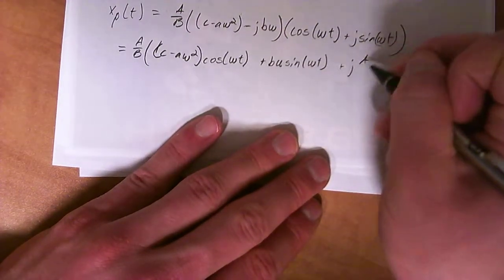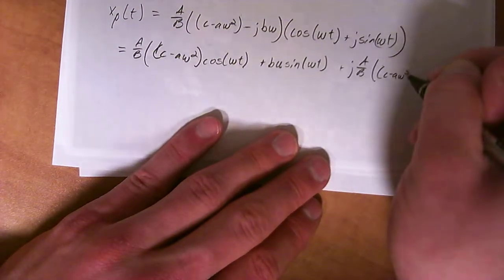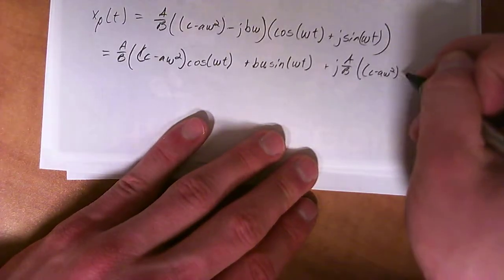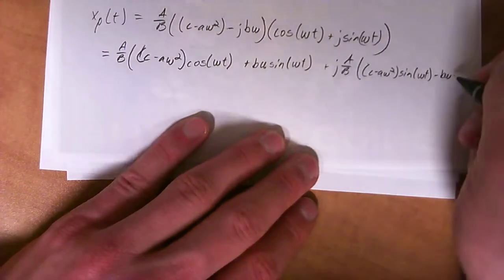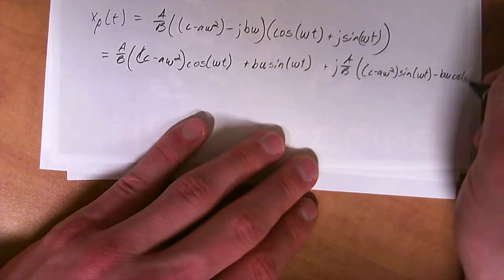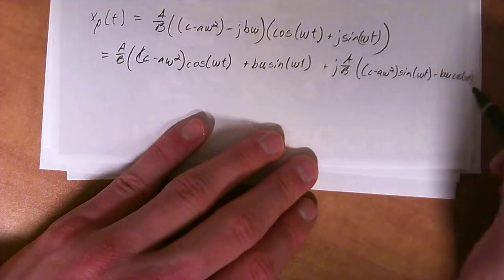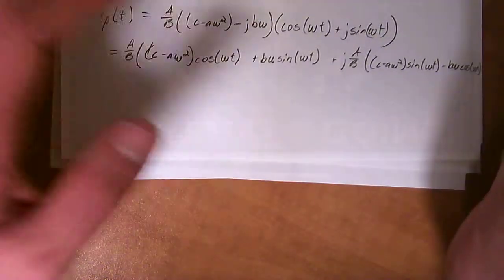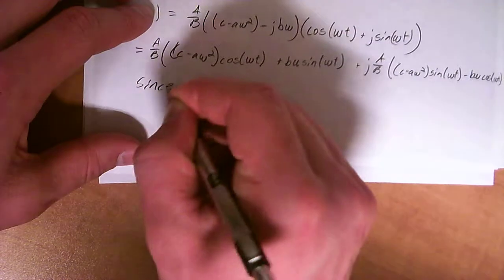What I'm doing is I'm basically separating the real from the imaginary, plus j of A over B times C minus A omega squared sine of omega t minus B omega cosine of omega t. Okay, so kind of scrunched up, but omega t right there.